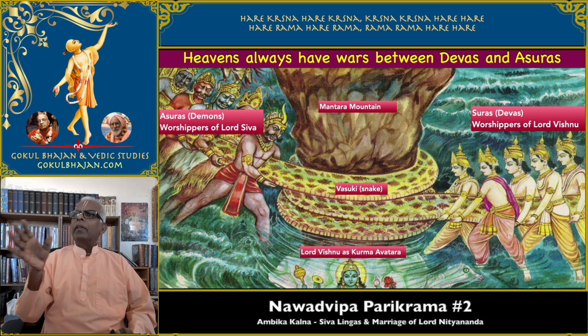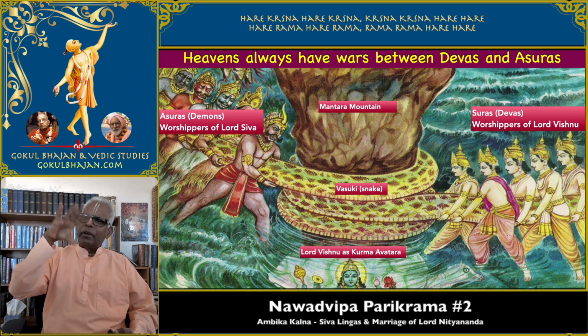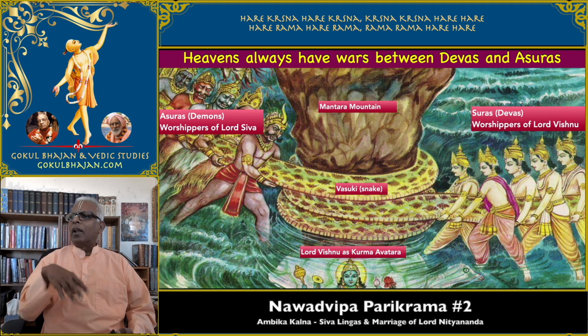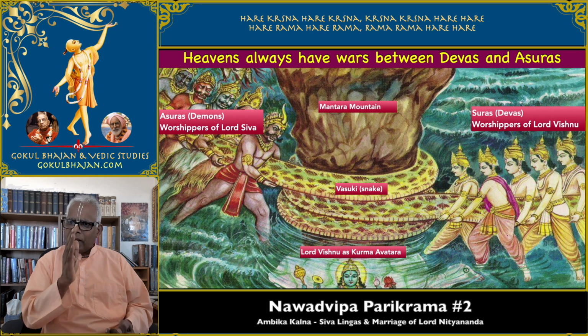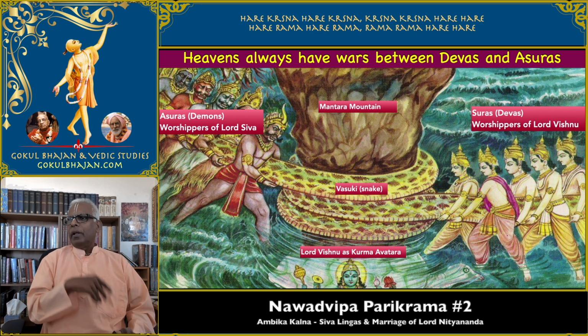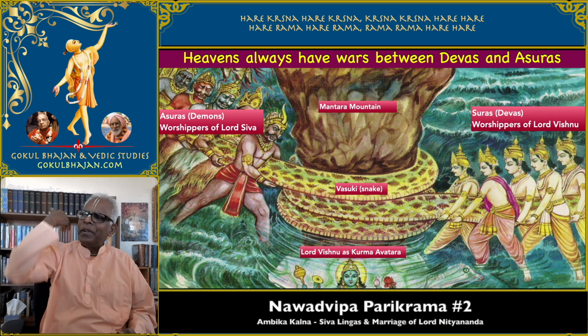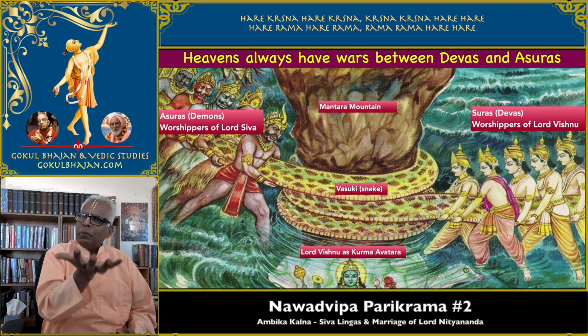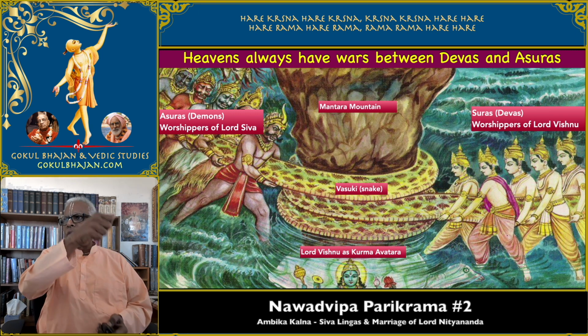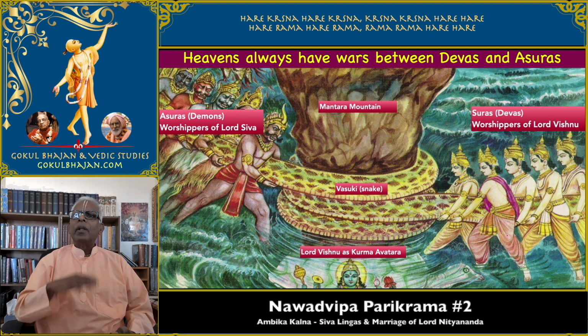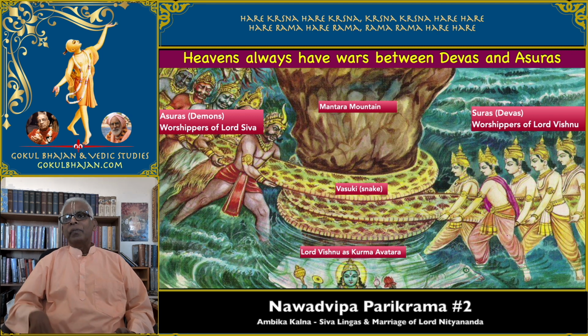Whenever they have a war, all the Devas run to Vishnu for help. Anyway, Lord Vishnu came as Kurma, the tortoise avatara, and He was the one holding the whole thing so that it could be churned. But this is happening in a higher dimension.